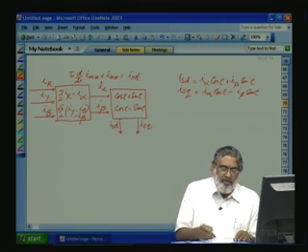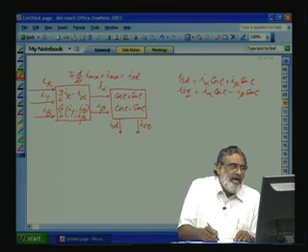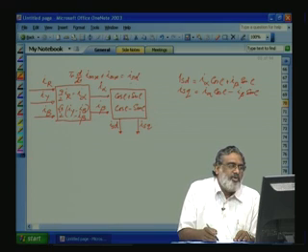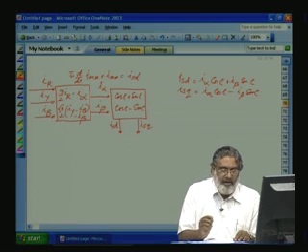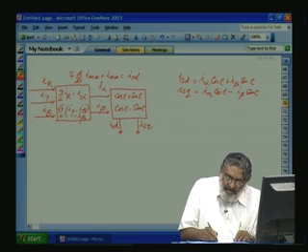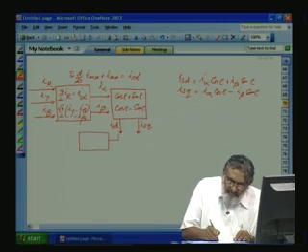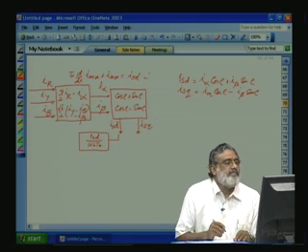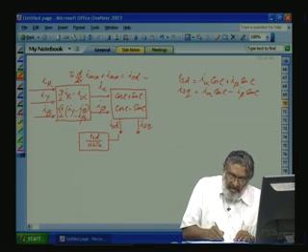So from this equation, when ISD passes through a first order filter, you will get IMR. Here, IMR is equal to ISD by 1 plus S tau R. From this equation, you will get IMR.